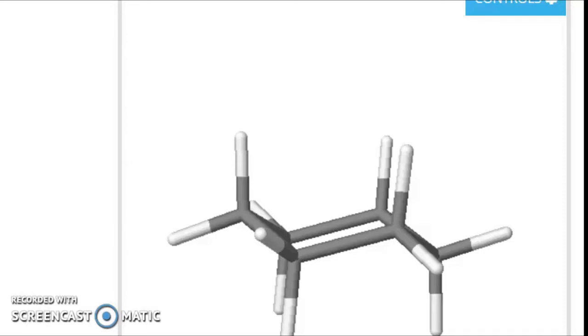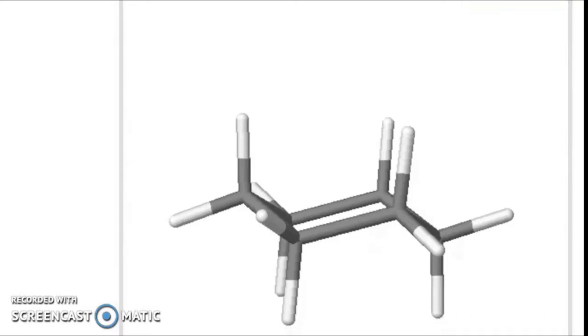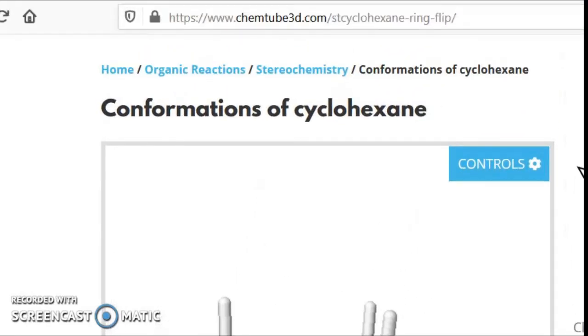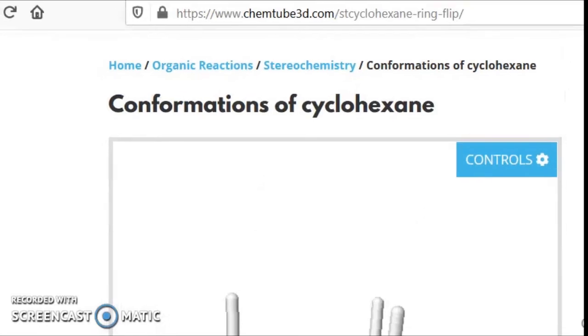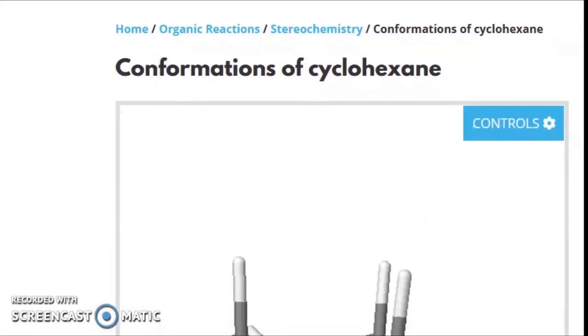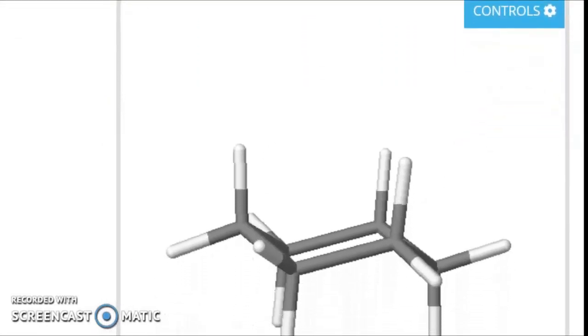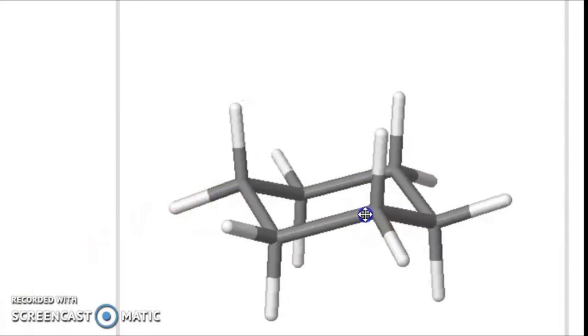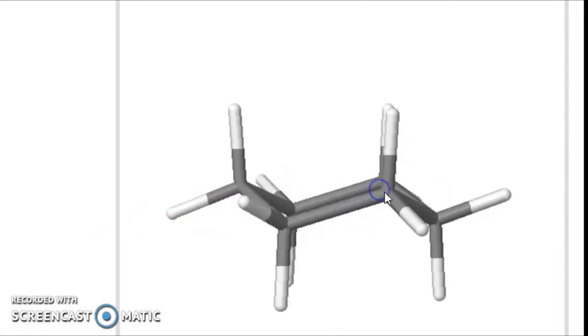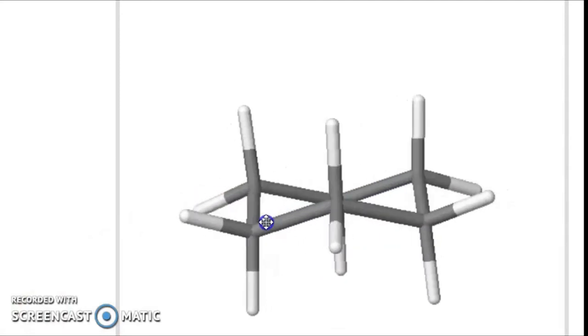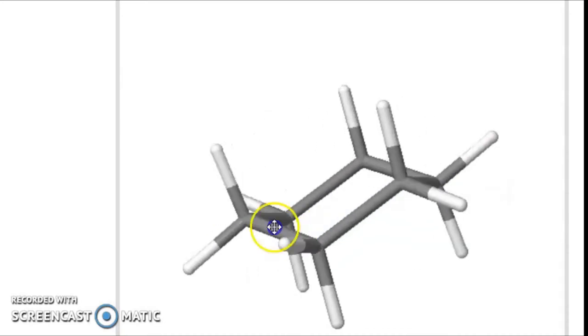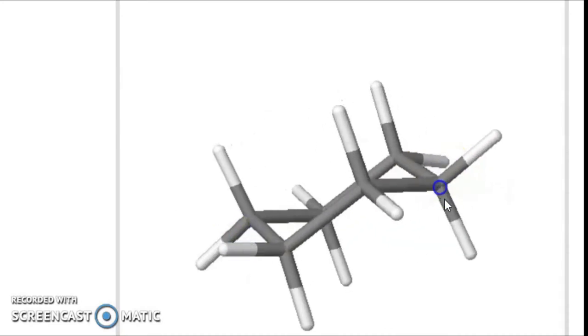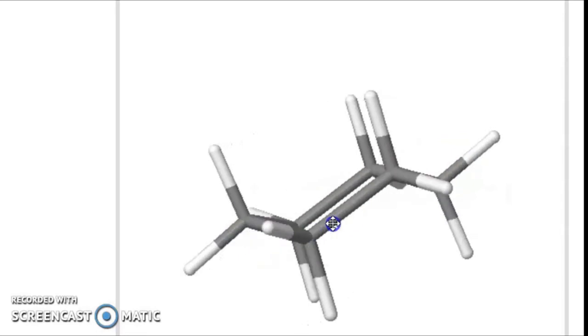To understand ring flipping using a three-dimensional model, I am taking the help of ChemTube 3D, the usual website I refer to for 3D models. Now this is the chair conformation of cyclohexane. Now we shall try to flip this. Remember, ring flipping doesn't mean rotating it in this manner; that is just rotation, or spinning, of the molecule.